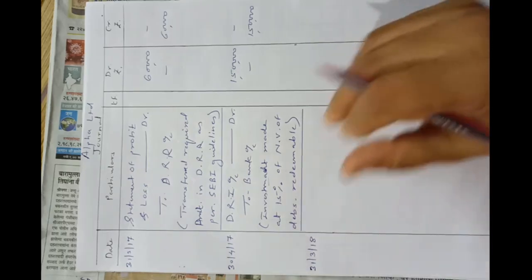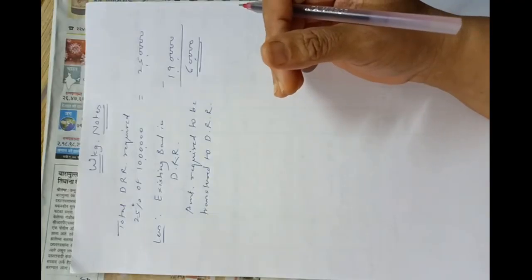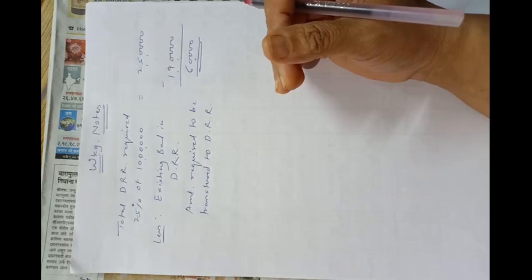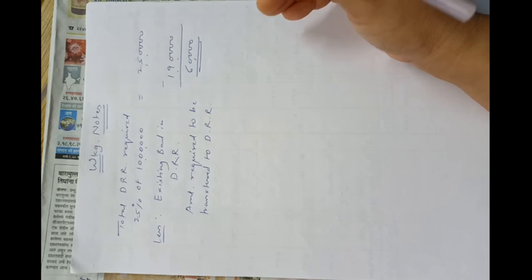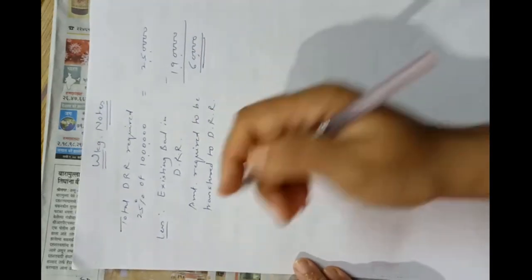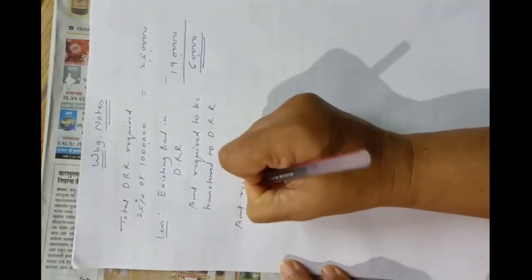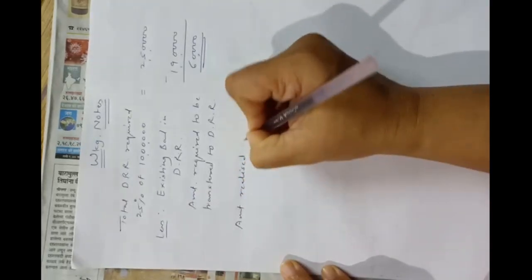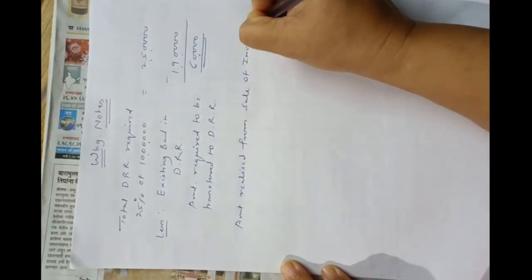Okay. Now here again we have to do some working, because see here they told us that the investment were realized at 104%, means more than its face value, less 0.5% brokerage. Okay, so we have to calculate the amount realized on investment. Amount realized from sale of investment.